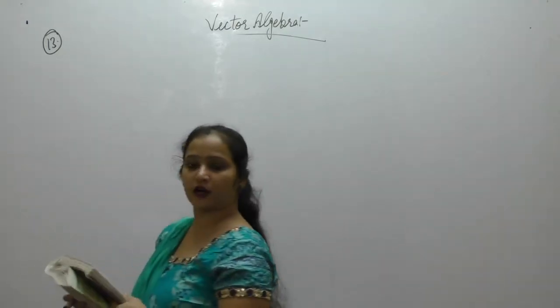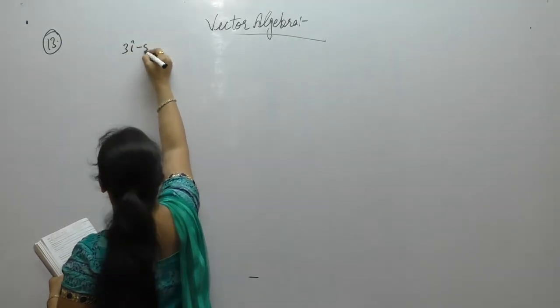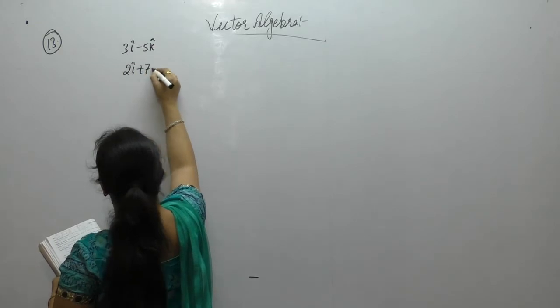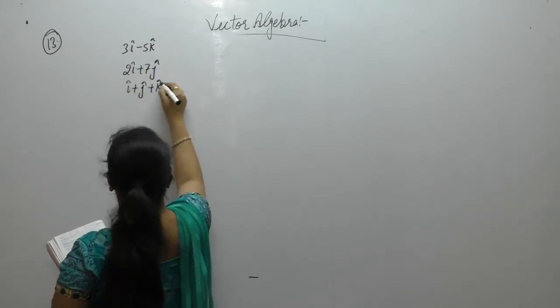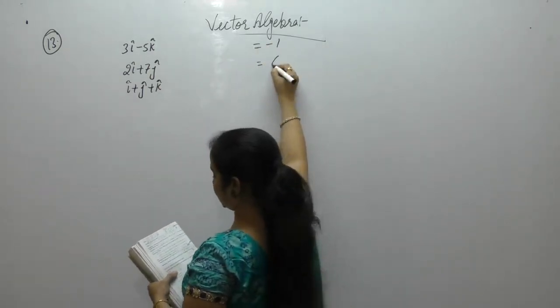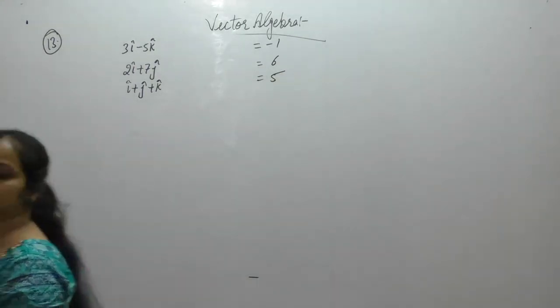dot product of vector with the vectors 3i cap minus 5k cap, 2i plus 7j cap, i plus j plus k cap are respectively minus 1, 6 and 5. Find the vector.